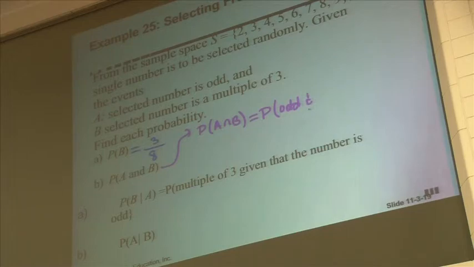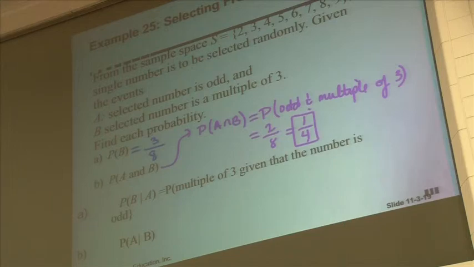Odd and multiple of 3. I'm writing everything out. The answer is 2 out of 8, which reduces to 1 out of 4. Okay? Is that clear? Part B.